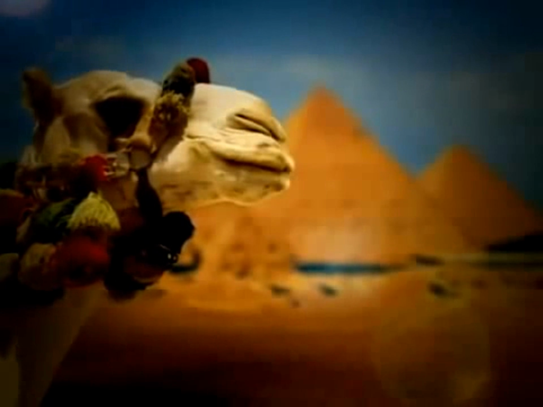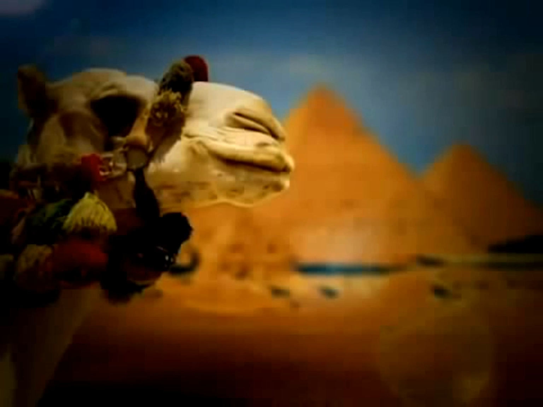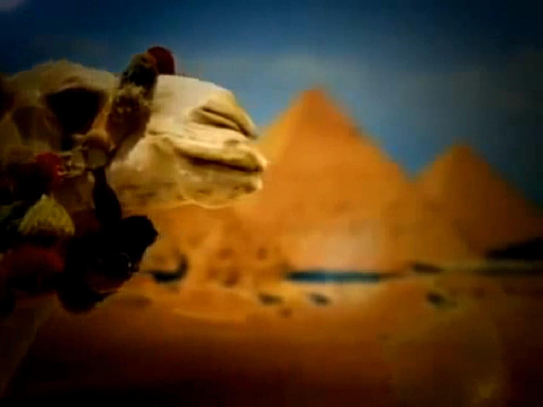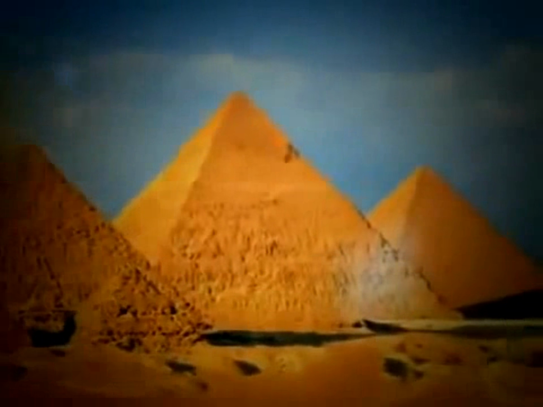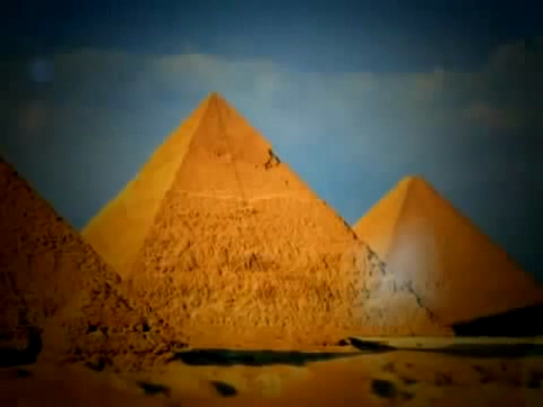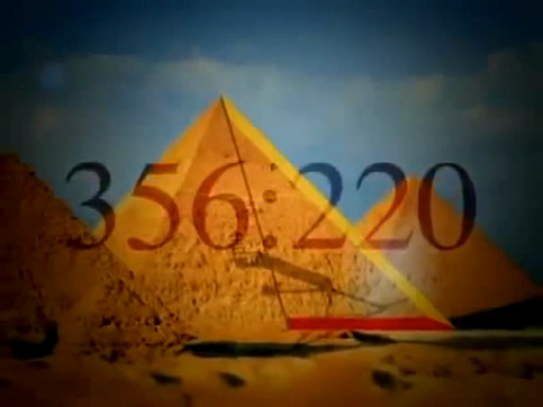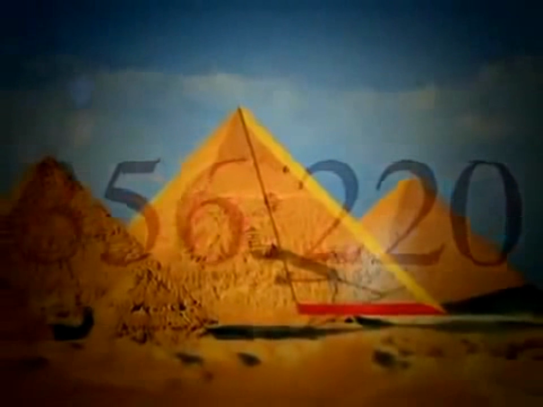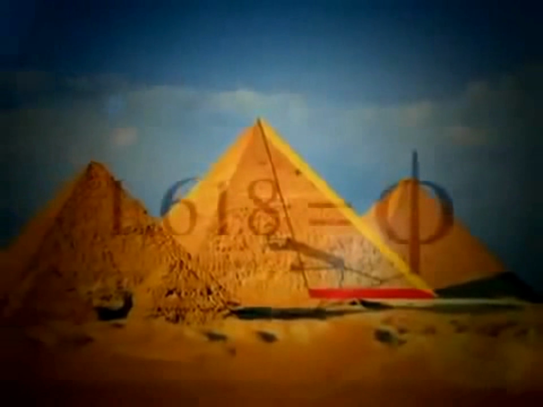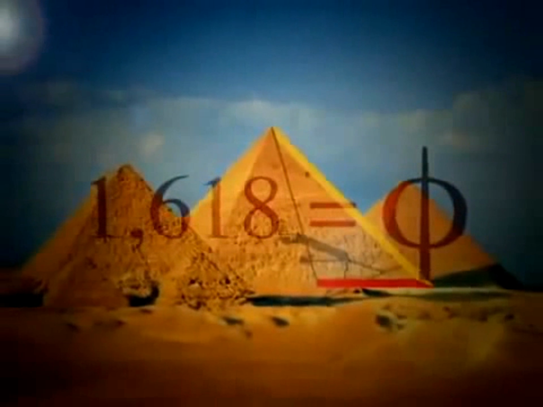Even in the pyramids of Giza, the proportions of the number phi are revealed with astounding accuracy. Thus, for example, in the case of the Cheops pyramid, the proportion of the length of the side of the pyramid to half of the pyramid's base is 356 to 220 ells, and that corresponds to 1.618 of the number phi.